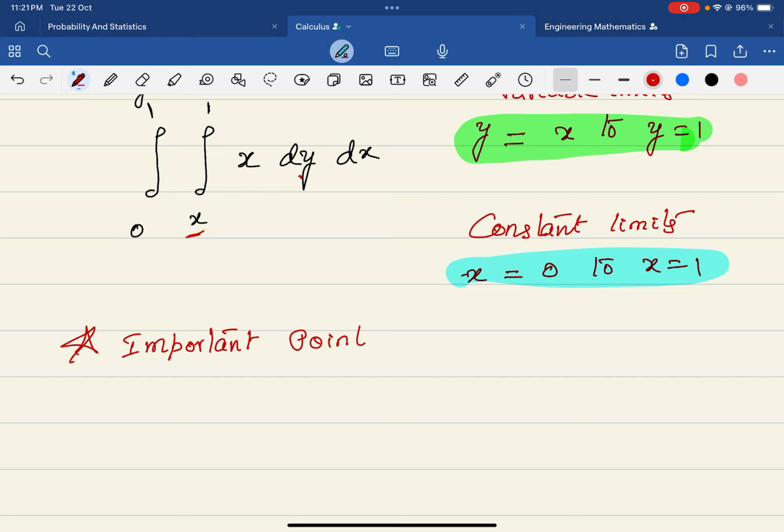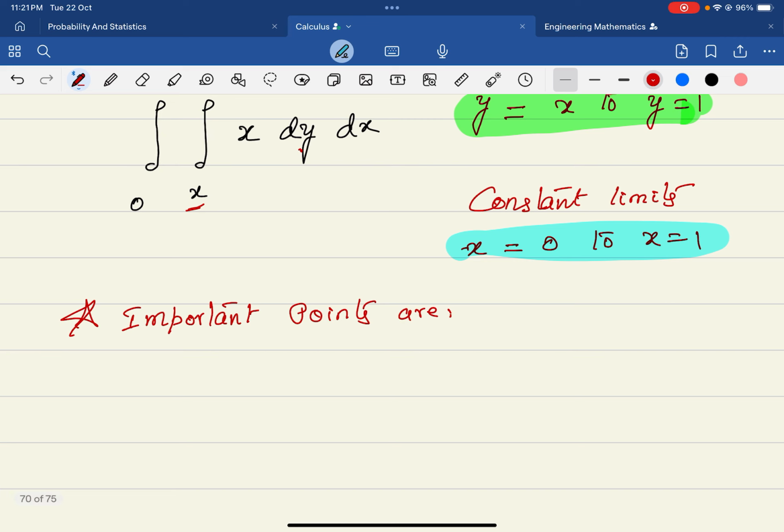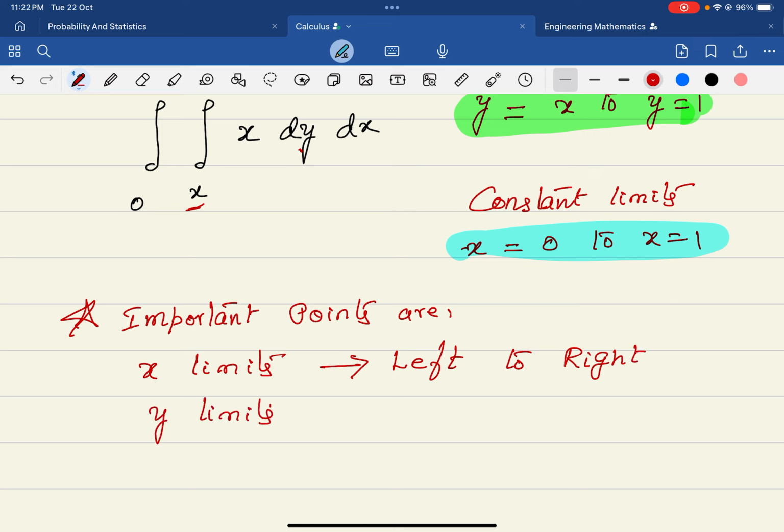When I say x limits, it means always you have to see the region from left to right. X limits are always left to right. And then y limits are always bottom to top.